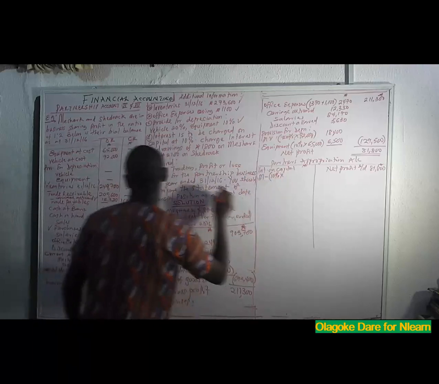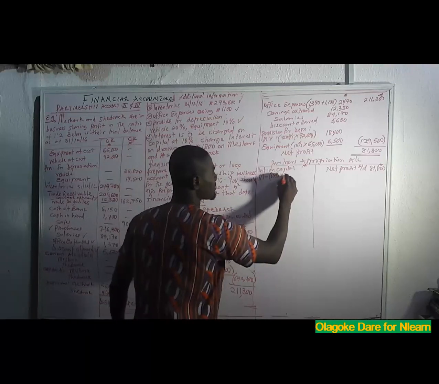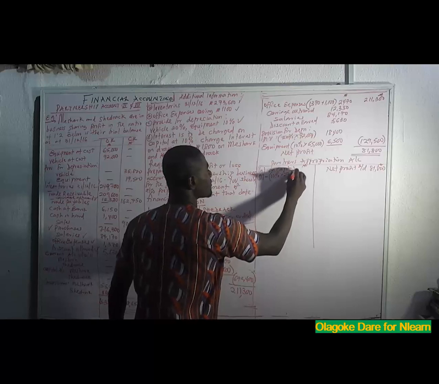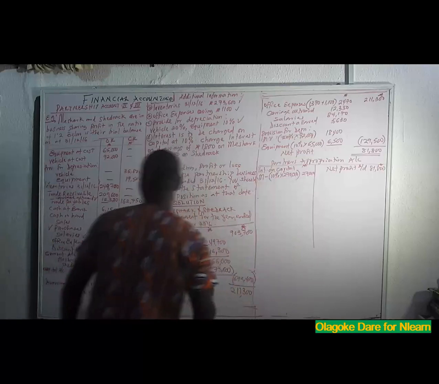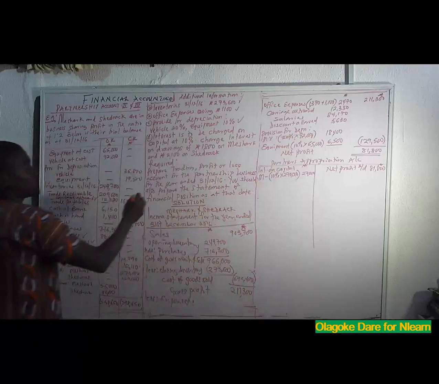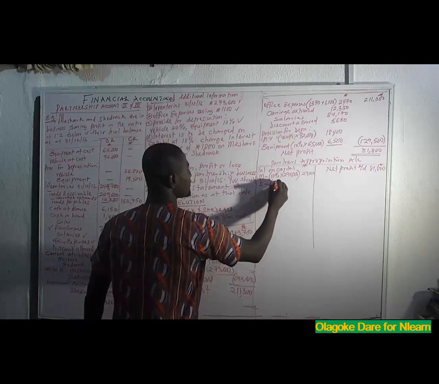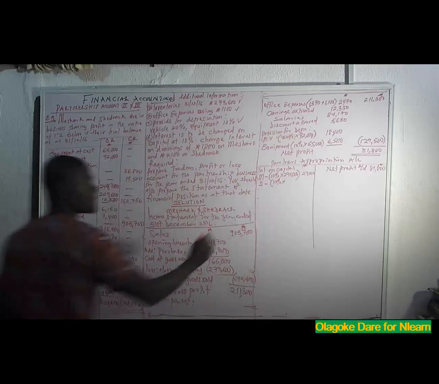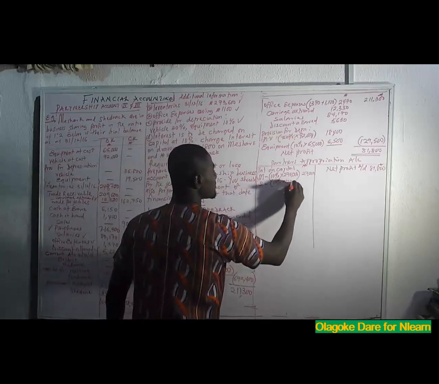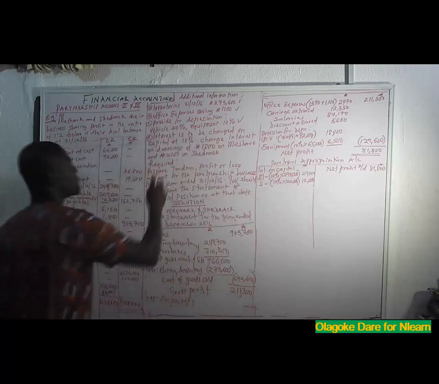The capital value of Meshach is 270,000. So what I have is 27,000. Same thing for Shadrach, 10% as well. The capital for Shadrach is 120,000. So I have 12,000.